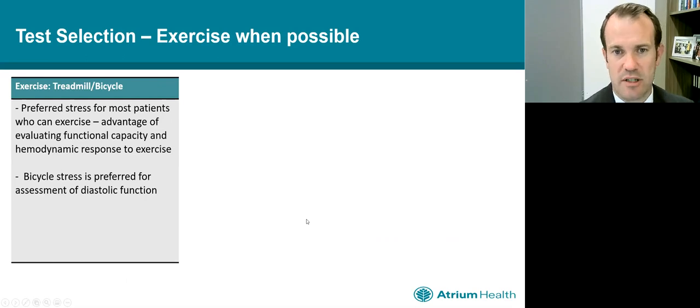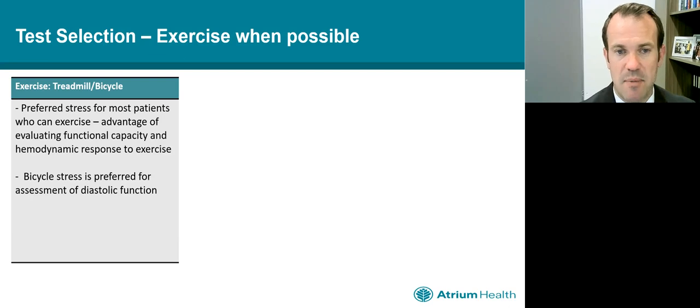When trying to decide what test to do, I think the main rule of thumb that we will usually recommend is exercise whenever you can. This gives us a lot more information. It has the huge additional strength of giving us functional capacity data and hemodynamic response to exercise, which are very, very important from a prognostic perspective.